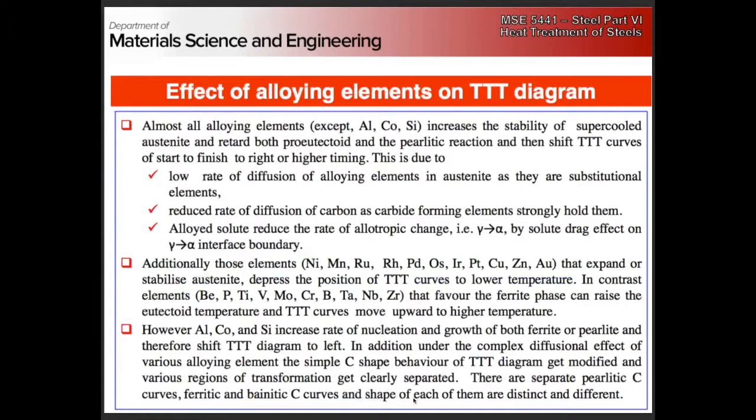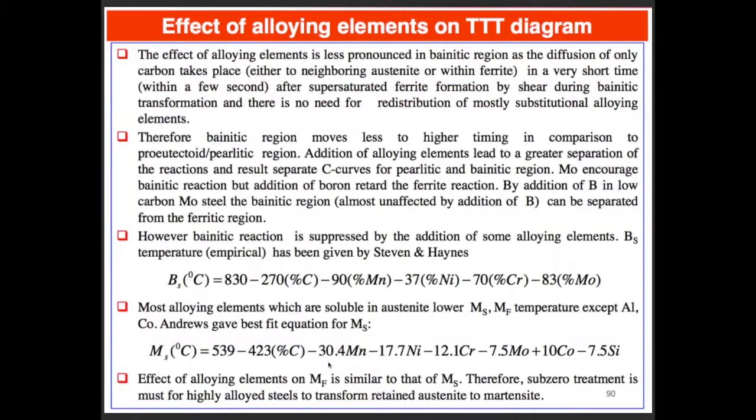So we have complex diffusional effects, and because of that, we can separate out the pearlitic and bainitic curves for different elements. And as we had mentioned before, I showed this, if not this exact equation, then something similar, right?